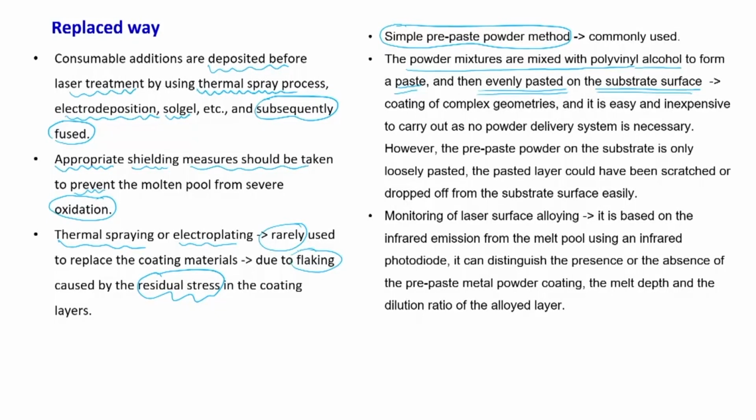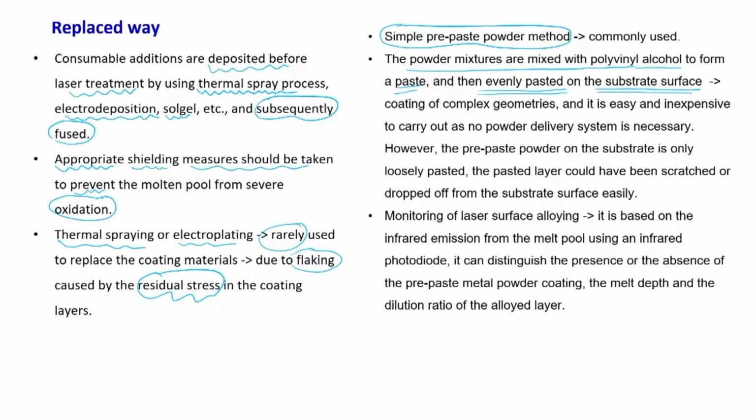Consider we are having a turbine blade and we have to carry out some maintenance or repair operation by using LSA, that is laser surface alloying. So, here the application of the deposition powder is easy. You just paste it over the surface and then you apply the laser beam energy.